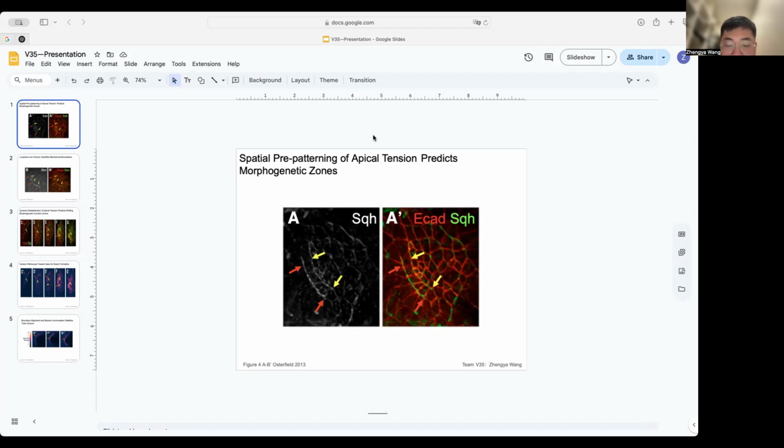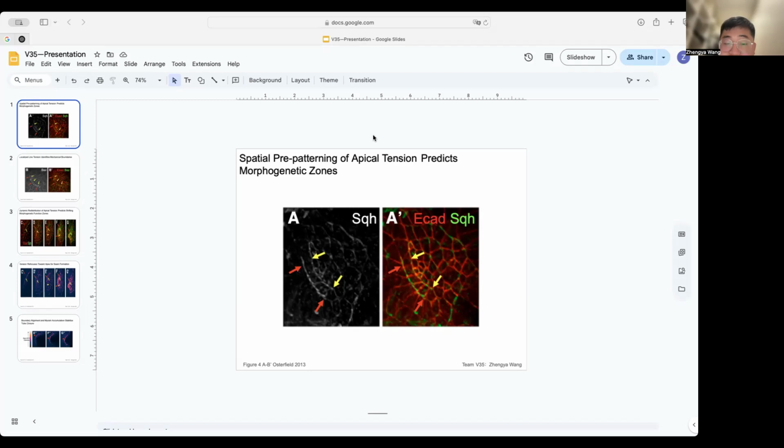The time points shown in panels C to G and their corresponding basal views C prime to G prime were selected to represent key morphological transitions, including sheet bending, floor cell intercalation, and seam formation.